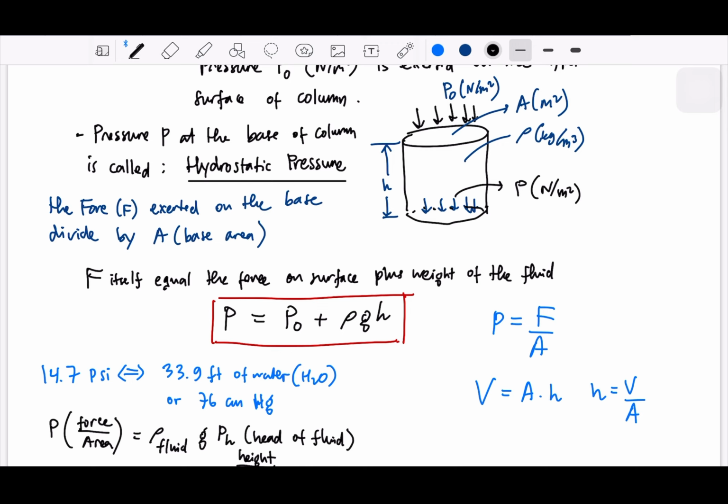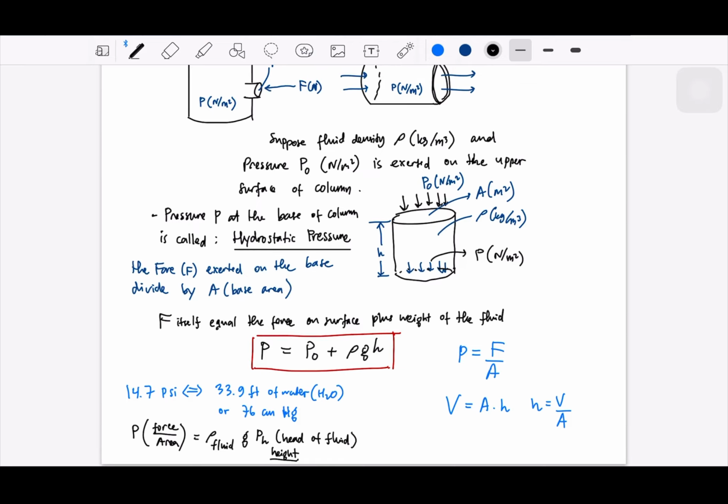Okay, let me go for a while, okay, and then maybe later at the end of the section on pressure and temperature, we can have maybe some short break. Okay, let me explain more about the pressure head, if you would like.